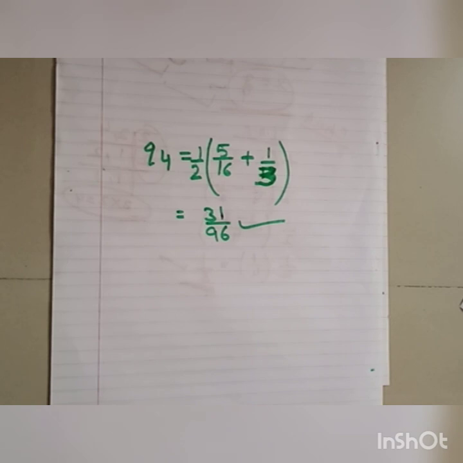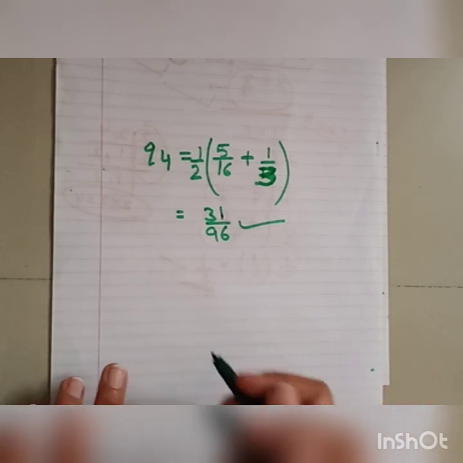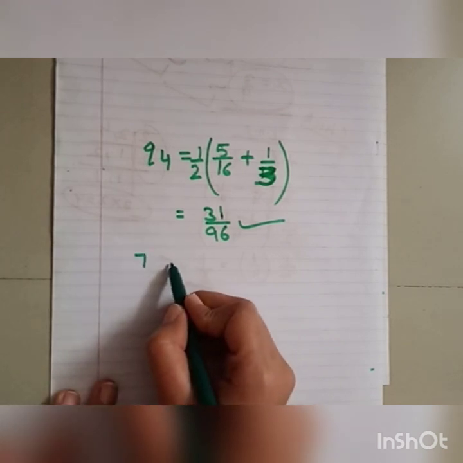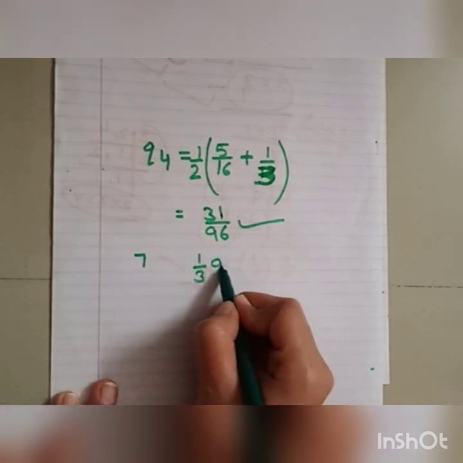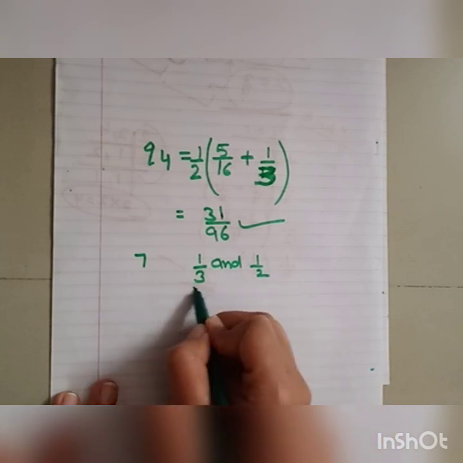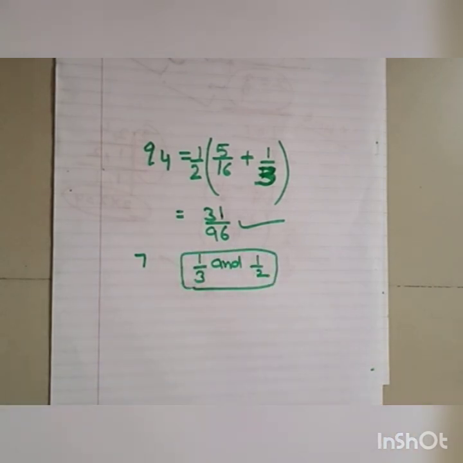If you have to find 7 rational numbers between 1 by 3 and 1 by 2, you can use the previous method for all these questions, because this method is so easy.